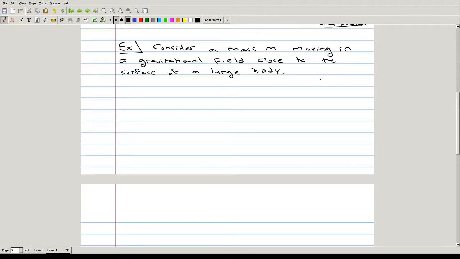For a mass moving in this situation, we know that if we orient ourselves with the ground at the bottom of our coordinate system, z equals 0, the force on the mass is pointing downwards, with magnitude negative mg, where m is the mass of the body and g is the gravitational constant.